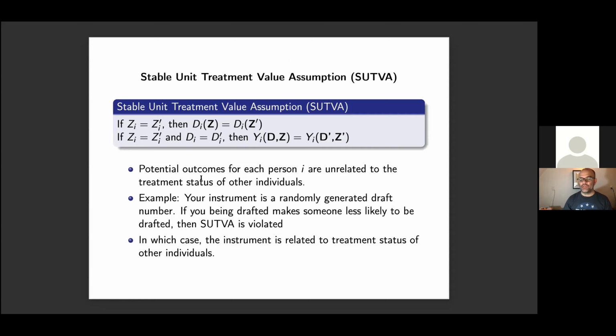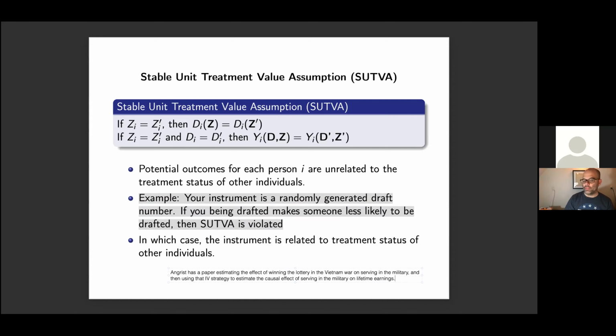So SUTVA, what does it mean? Let's just go straight to examples. Angrist has a paper estimating the effect of winning the lottery in the Vietnam War on serving in the military, and then using that IV strategy to estimate the causal effect of serving in the military on lifetime earnings.